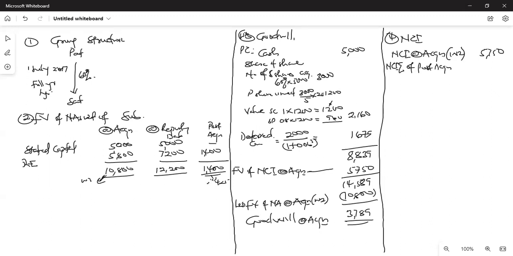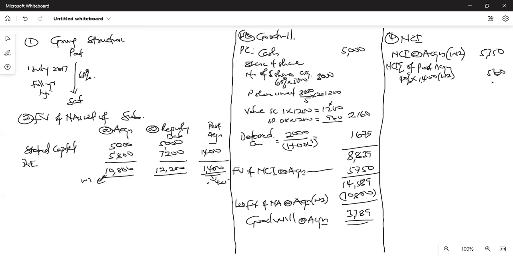Here, if you bought 60%, then NCI will be 40% multiplied by 1,004, which is coming from workings 2. So we have 560. There was no attributable goodwill.